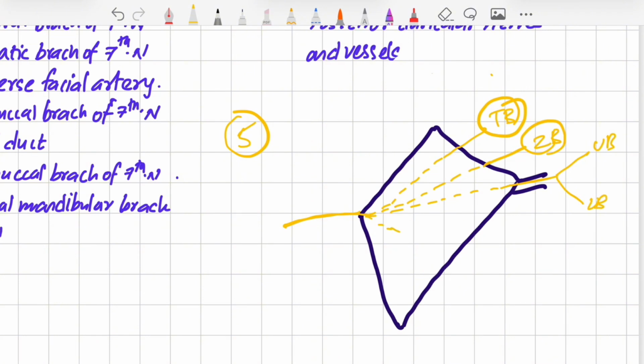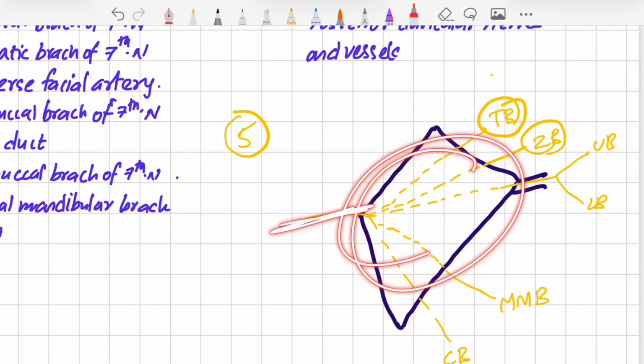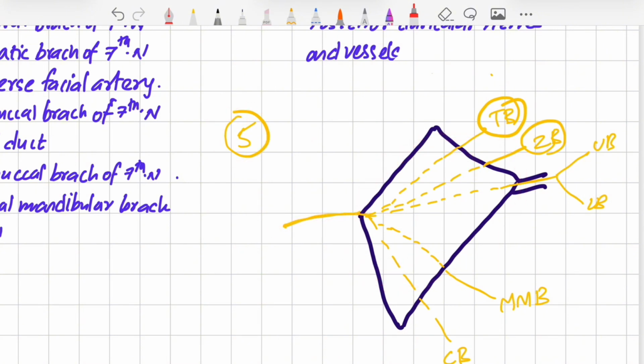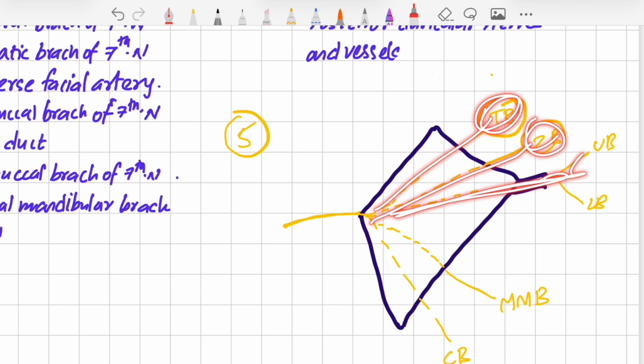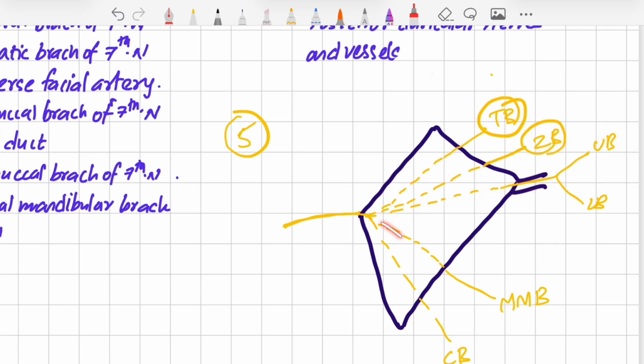Next, the fourth branch is the marginal mandibular branch, and the fifth branch is the cervical branch. So totally, the facial nerve within the parotid gland divides into 5 branches. Those are the temporal branch, the zygomatic branch, the buccal branch, again divided into upper as well as the lower, the marginal mandibular and the cervical branch.